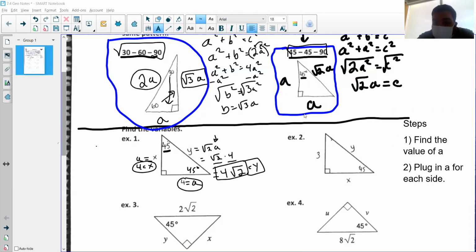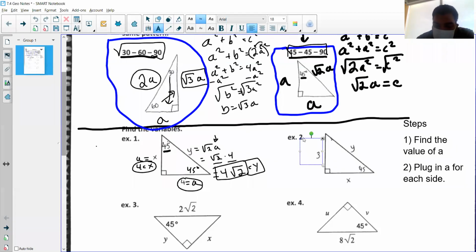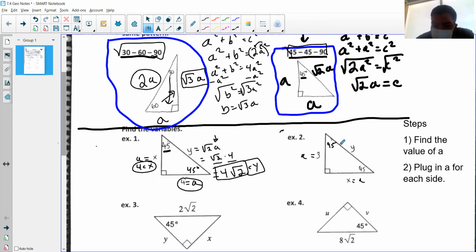Excellent. So that's correct. So let me talk it through for everybody. Here, my A value, oh, I'm in pen mode for some reason. My A value has to be 3 because it's across here. Since X equals A, which is across another 45 degrees, this is also going to be 3.